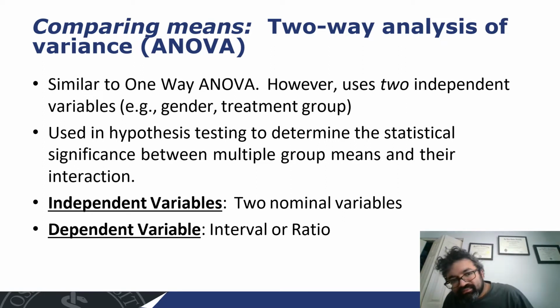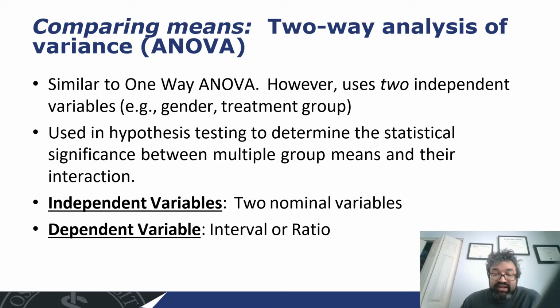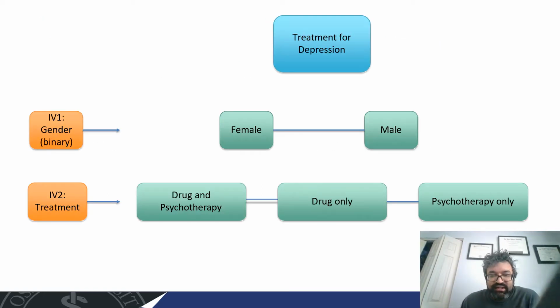So here, as you can see, there's a difference between one-way ANOVA and two-way. One-way ANOVA was 1 independent variable with 1 dependent variable. We're scratching that now and saying 2 nominal variables and 1 interval ratio variable. So when you're looking at, for instance, treatment for depression, you might have 2 independent variables such as gender, which is binary, and then treatment, which might be 3 levels of treatment.